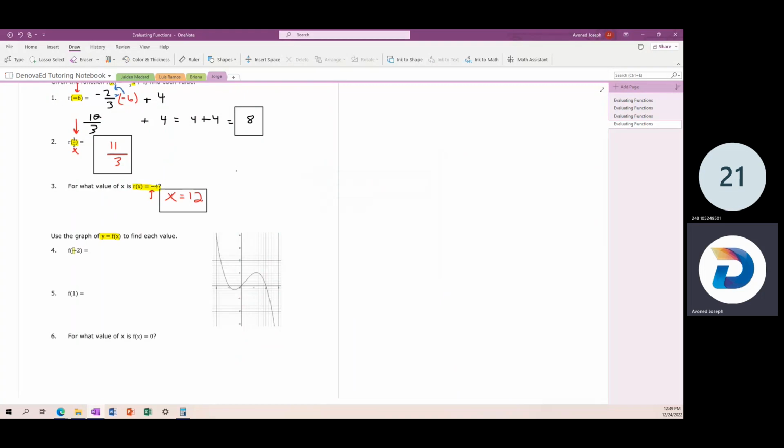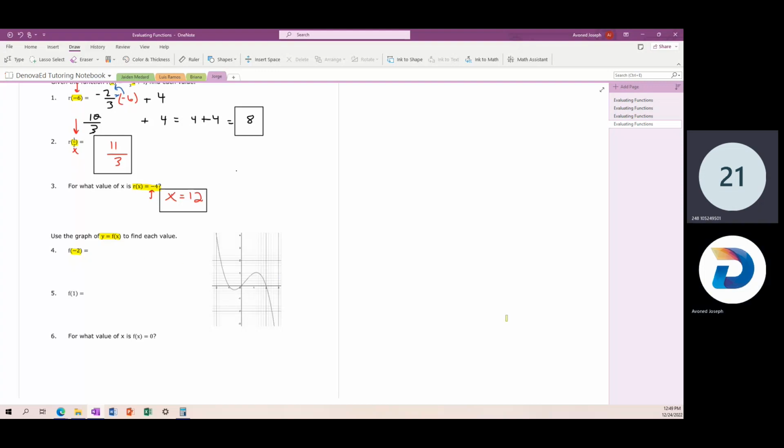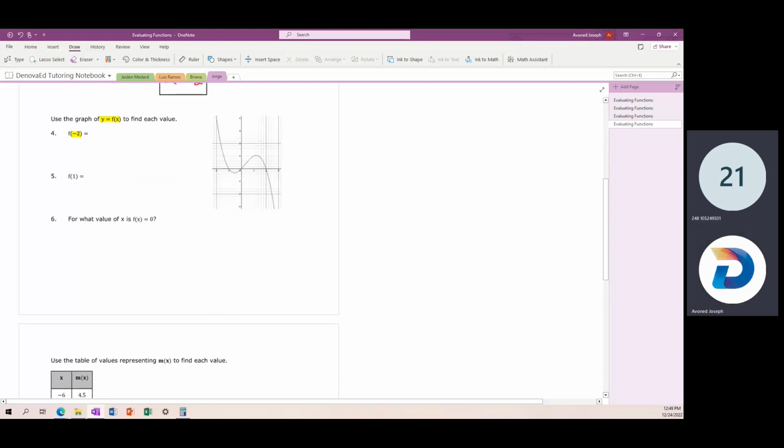We need to find each value for f is equal to -2. So we know that y is equal to whatever f is for that function. So where do you think we're going to plot for -2? I don't know. This is hard.